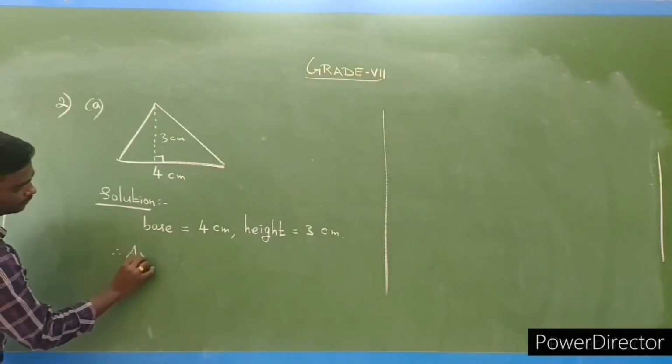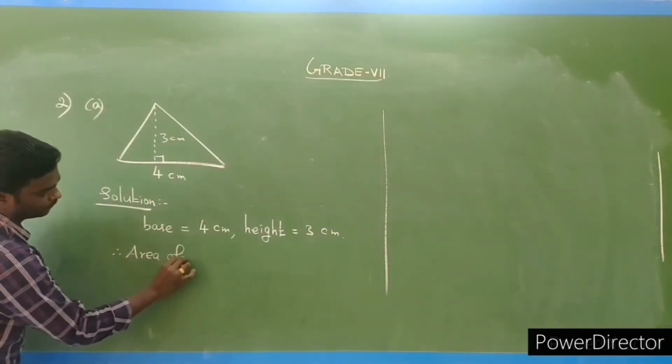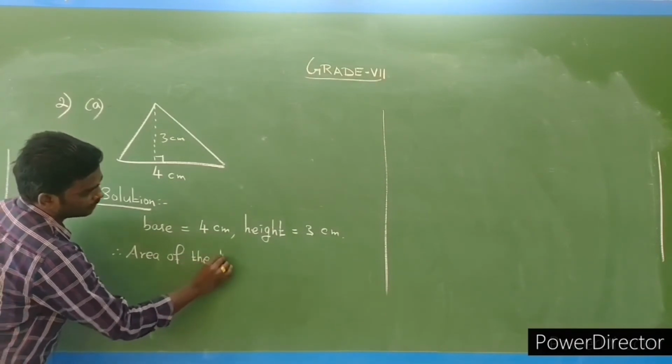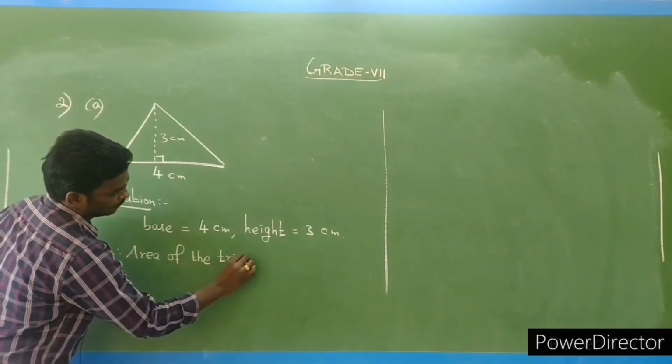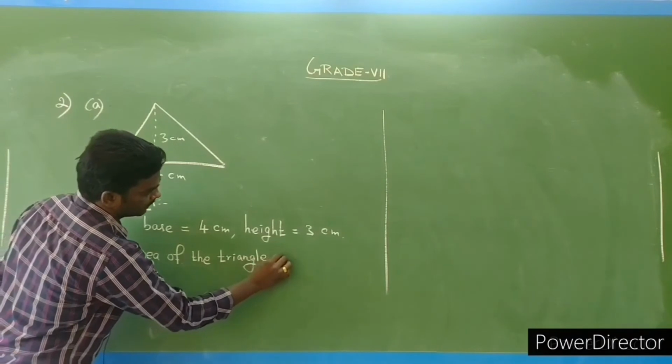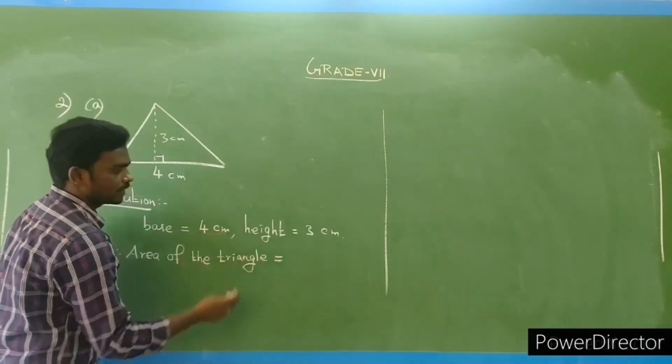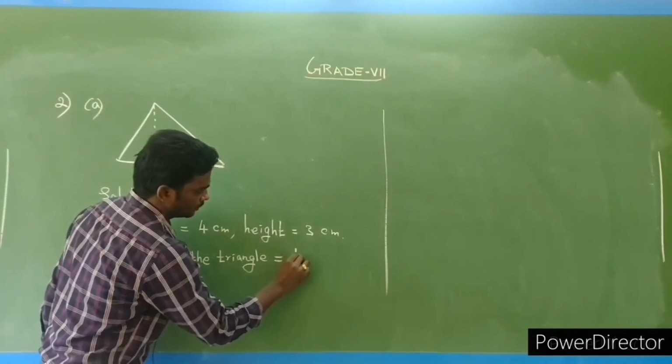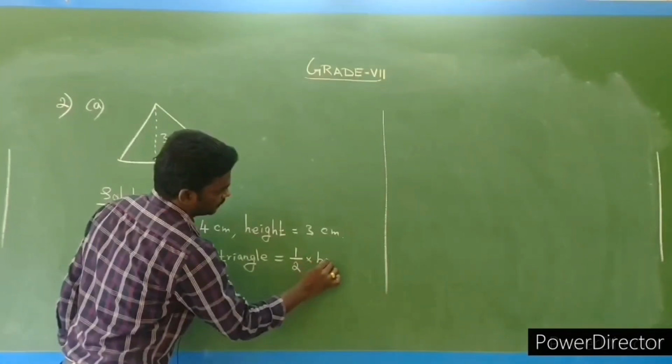Therefore area of the triangle is equal to, what is the formula for area of the triangle? Half of base into height.